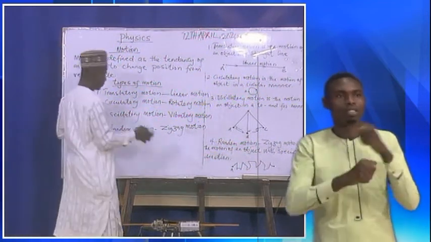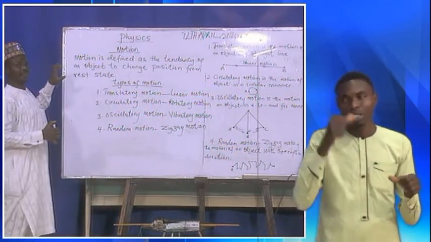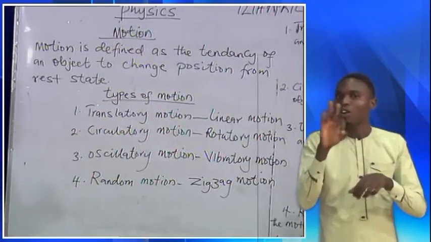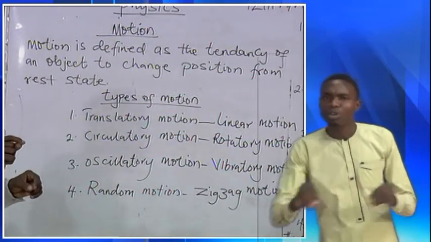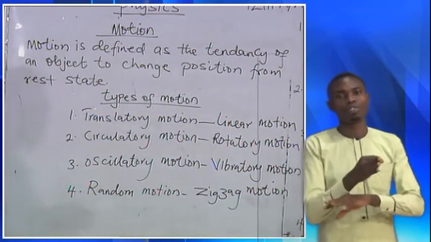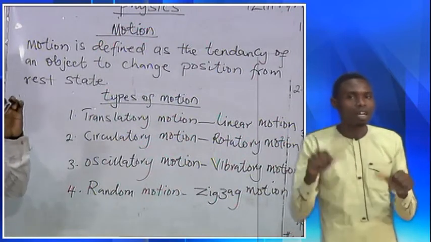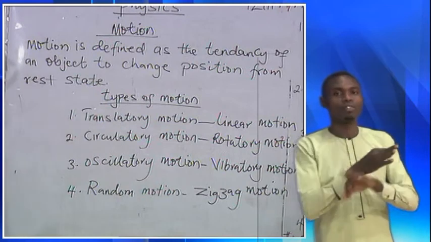Viewers, remember I said the cause of motion is a force. There is no motion without what? Without force. Please, always put it at the back of your mind that you can only have motion where there is force. So, a force causes motion.